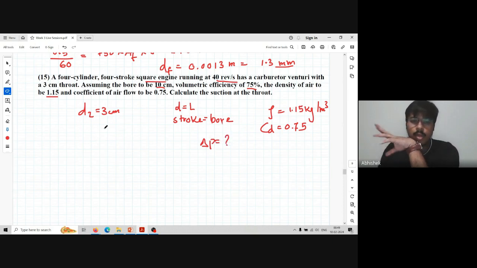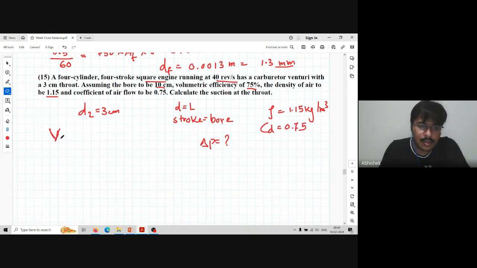So the trickiest part is this one. See, what is the swept volume? How to calculate? Pi by 4 d square L for 1 cylinder, into 4 cylinders. So pi by 4 into d, which is 10 cm, so 0.1 square, into length, which is also the same as the diameter as it is a square engine, into 4.